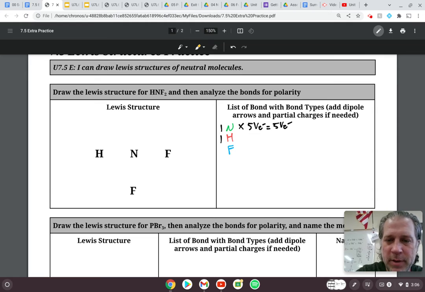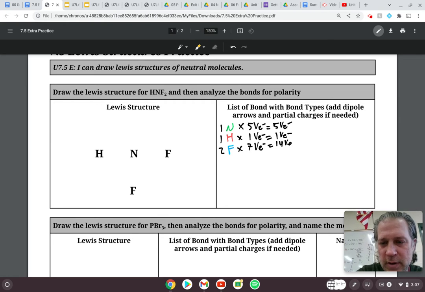Hydrogen, there's one of them, and that has 1 valence electron. And fluorine, there's 2 of them. They each have 7 valence electrons, for 14 valence electrons. We add all that up, it comes out to 20 valence electrons.